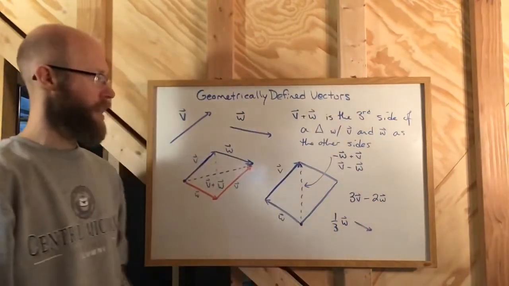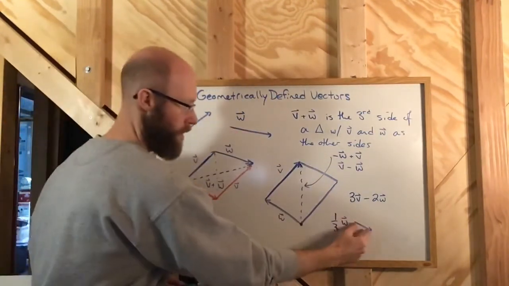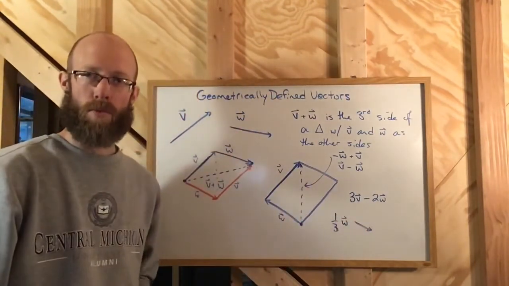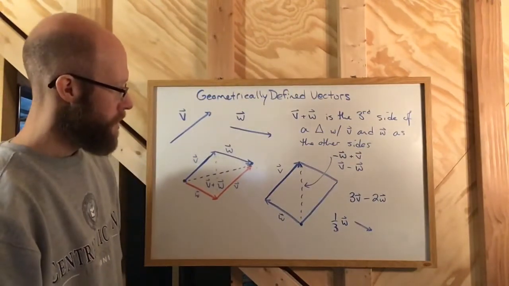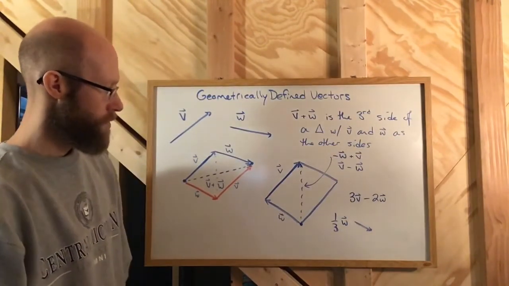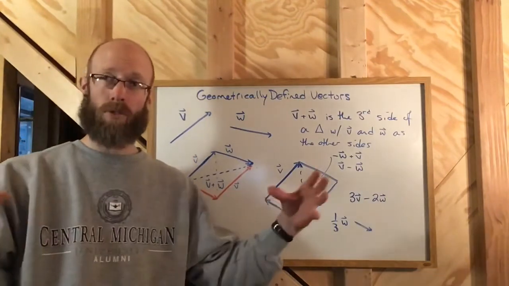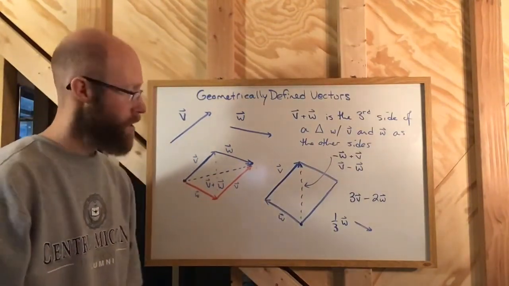So it might be something like that, right? It's 1/3 the length of w, but in the same direction as w. So you can expand these out, you can shrink them down, and so forth.